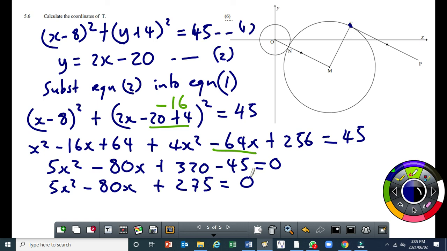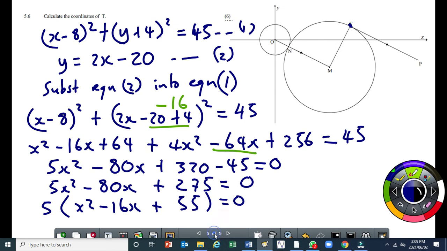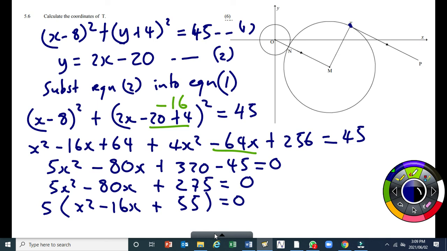Then we have a common factor there, which is 5. So if I divide both sides by 5, you get x squared minus 16x plus 55 equals 0.